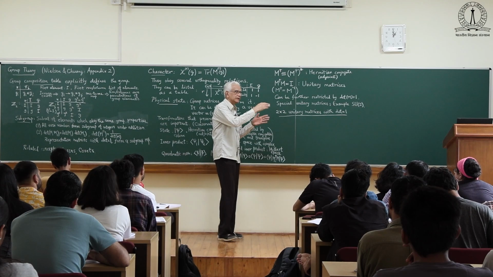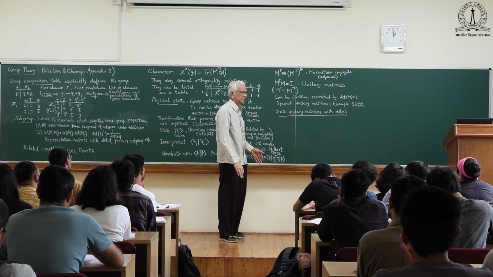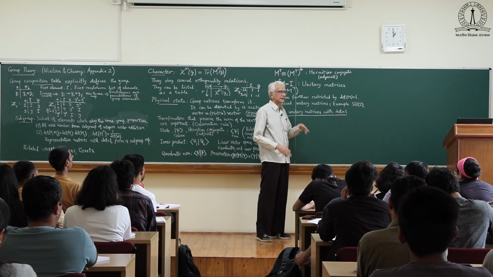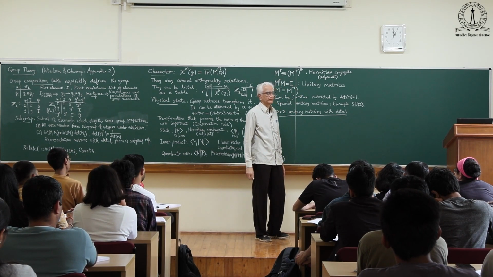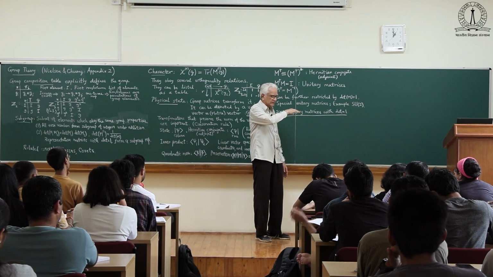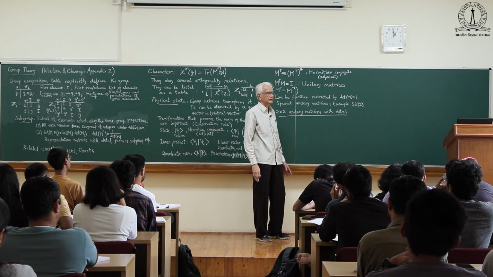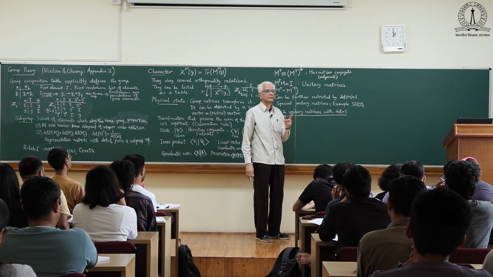So each row and each column will have a fixed magnitude, and since the right hand side is identity, that magnitude is 1. So I take all the elements of any row or any column, take the absolute value squared and add them up, it should give me 1.